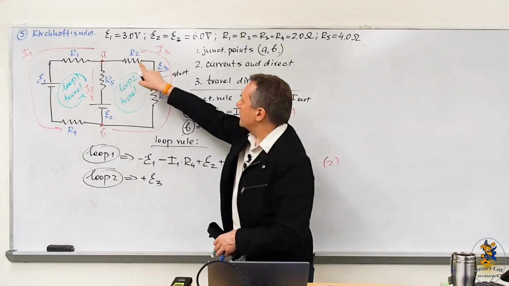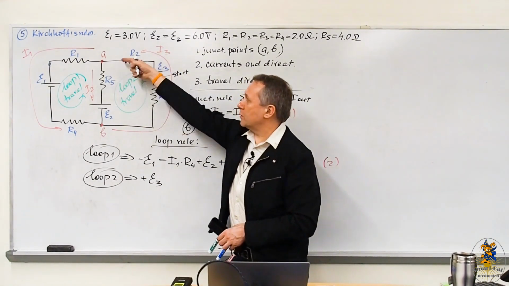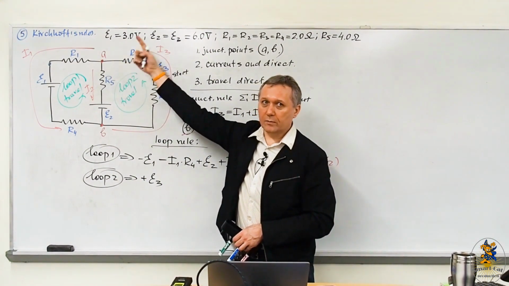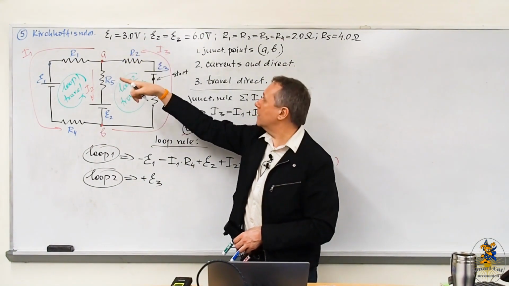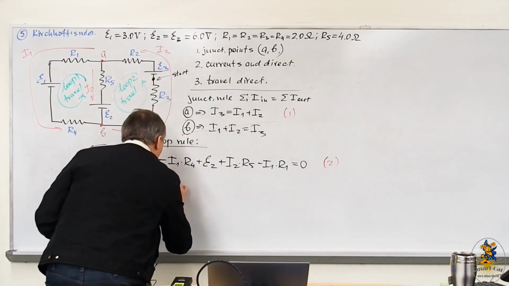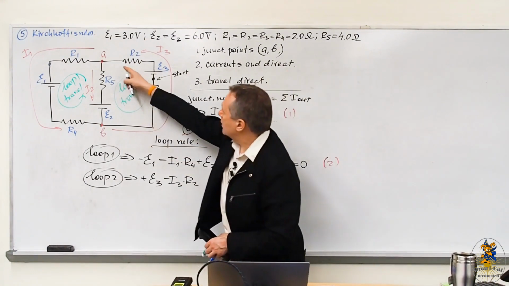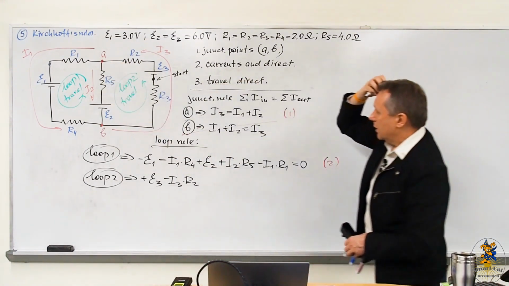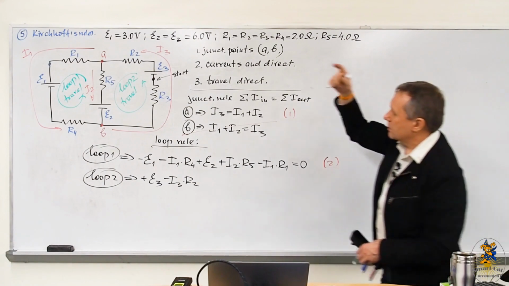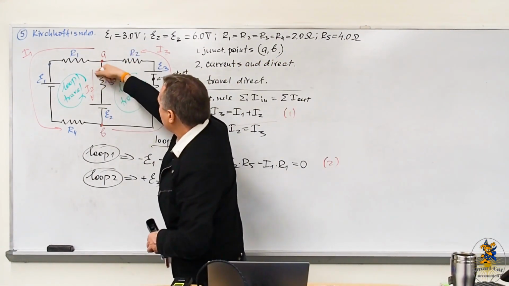Then resistor, travel direction that way, current also the same way. So directions are the same. Contribution is negative: minus I3 R2. Then we need to go through this connection. So traveling down, current also down.